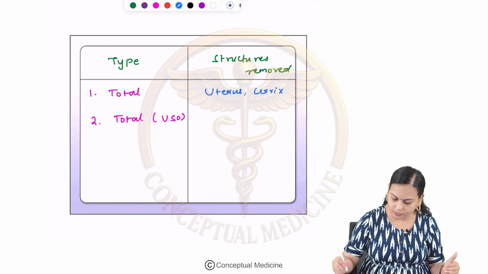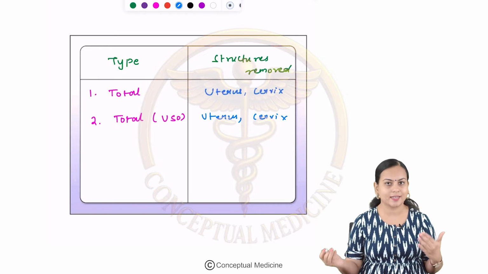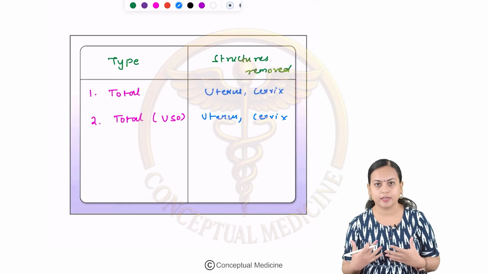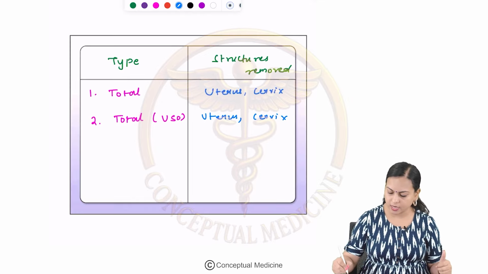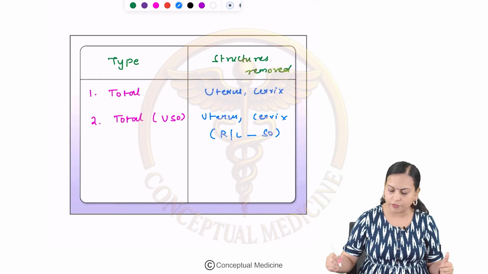So what you will do? You will remove uterus, cervix and either side of the adnexa, if there is any associated pathology with it, say a hydrosalpinx or an ovarian cyst or a tumor like that. So either it can be a right or left salpingo-oophorectomy.